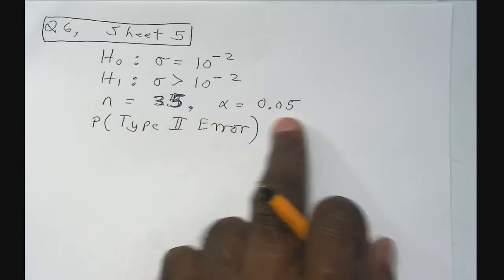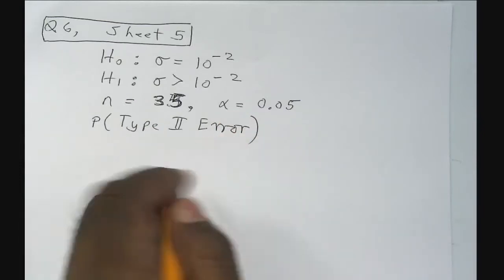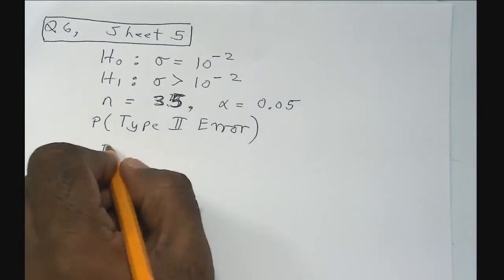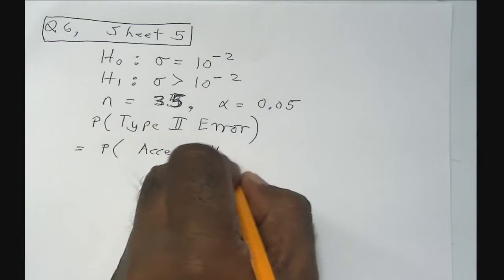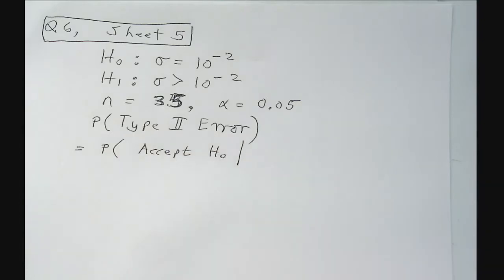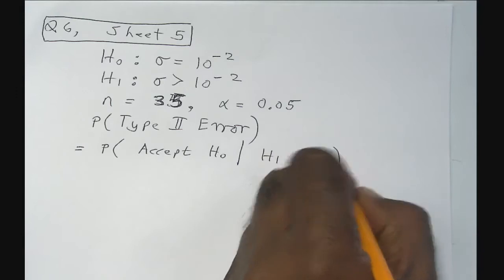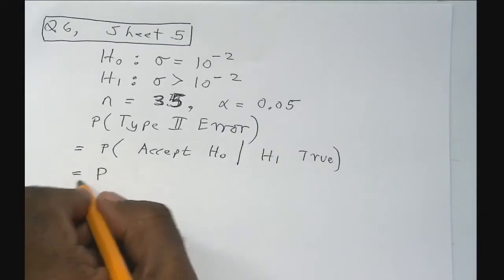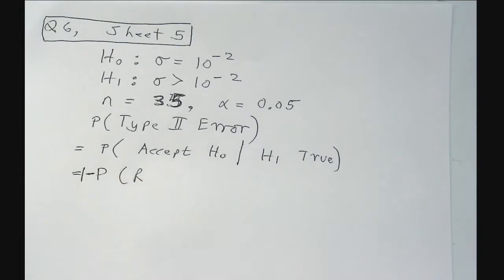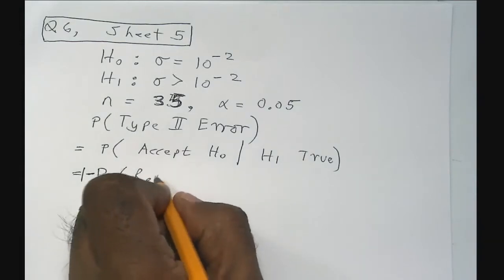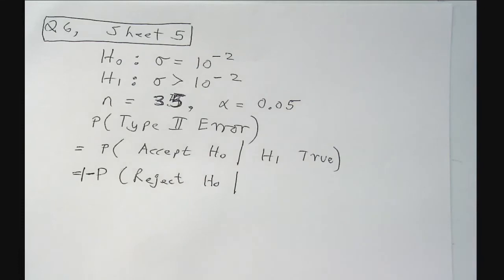Alpha, the type 1 error, is 0.05, and you're asked to find the probability of type 2 error. Remember, the type 2 error is defined as the probability that you accept the null hypothesis given that H1 is true. In general, you can write this as 1 minus the probability that you reject H0 given that H1 is true.